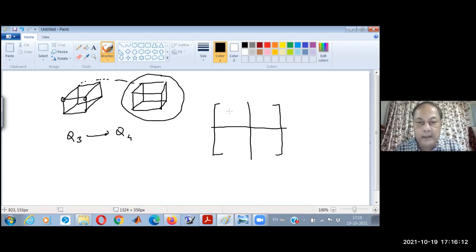Here you put the adjacency matrix of Qn, repeat it here, and you have to join the corresponding vertices. That means you have to put the identity here. That's all. So there's a very elementary recursive way to construct these adjacency matrices of the hypercube, and this is very important in the proof later on.